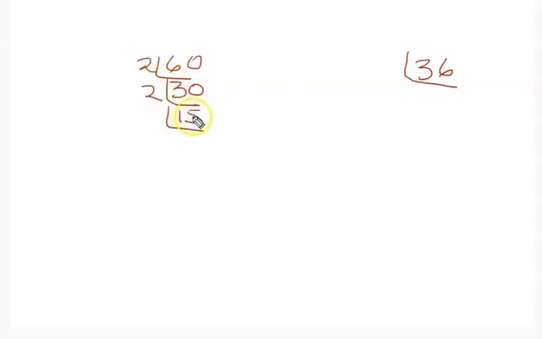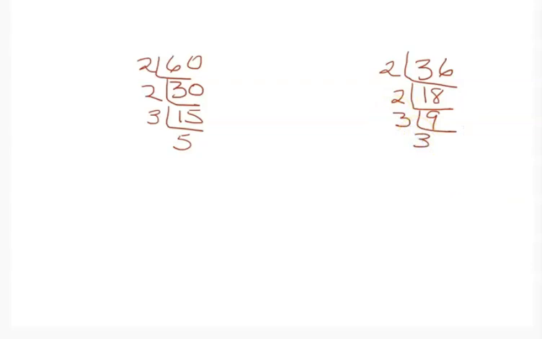Now, the rule of 3 says if you add the digits up, it's 6. And if that addition is divisible by 3, then this is divisible by 3. And of course, some of these are common. You would know that. All right, now 36, it's even, so we can take out a 2, and that's 18. That's still even. Take out a 2, and that gives you a 9, and 9 is divisible by 3.